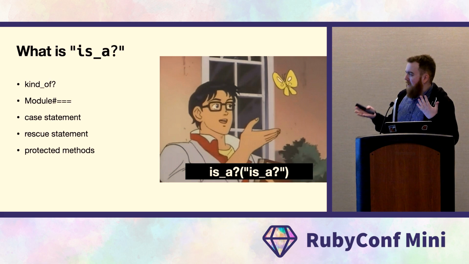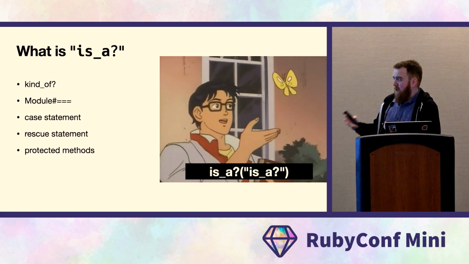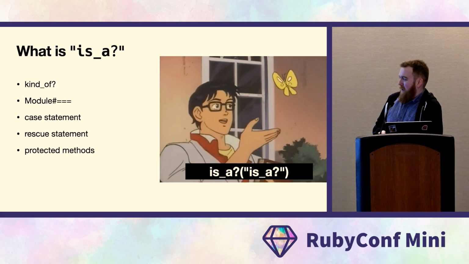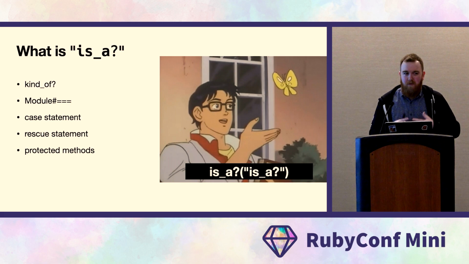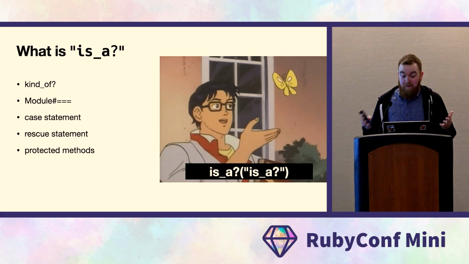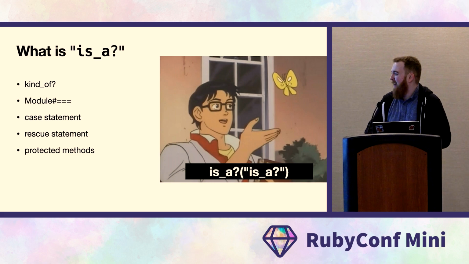Triple equals is the same thing but reverses the arguments. Case statements actually just call triple equals, as do rescue statements. So if you want, you can override triple equals on a module and have dynamic behavior for rescues. You probably should not do that, but you can.